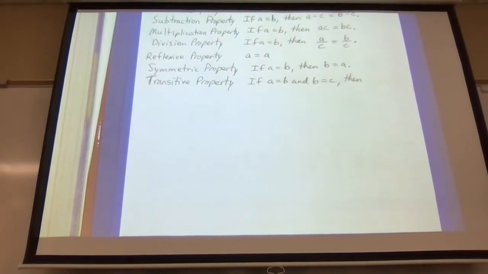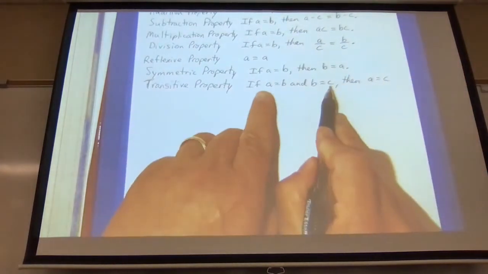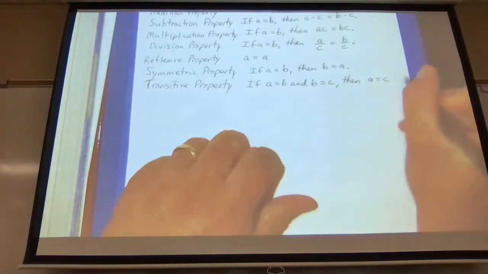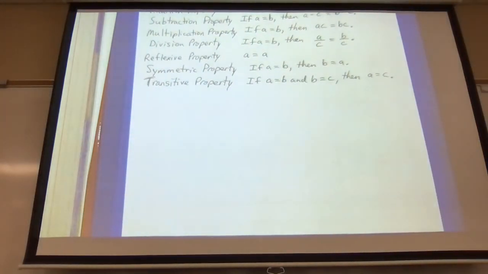Anybody want to take a guess on this one? If A equals B and B equals C, anybody figure out what we could say? A equals C. There you go. A equals C. Since they're both equal to B, they are equal to each other. That is your transitive property.